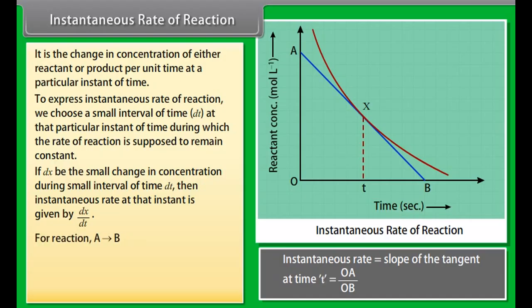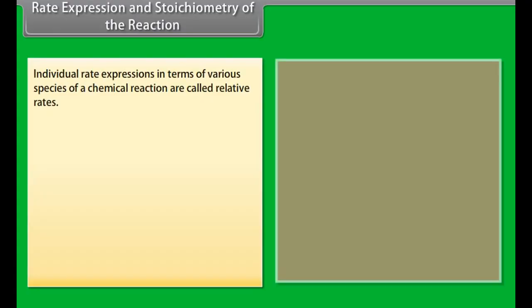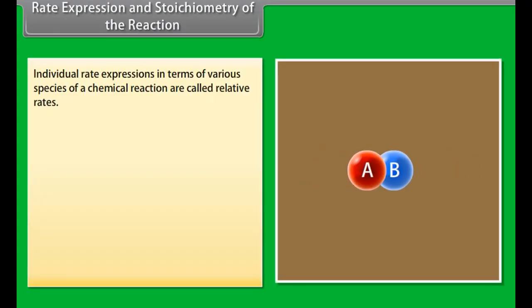For a reaction in which A tends to B, instantaneous rate is equal to dB by dt. Rate expression and stoichiometry of the reaction. Individual rate expressions in terms of various species of a chemical reaction are called relative rates.